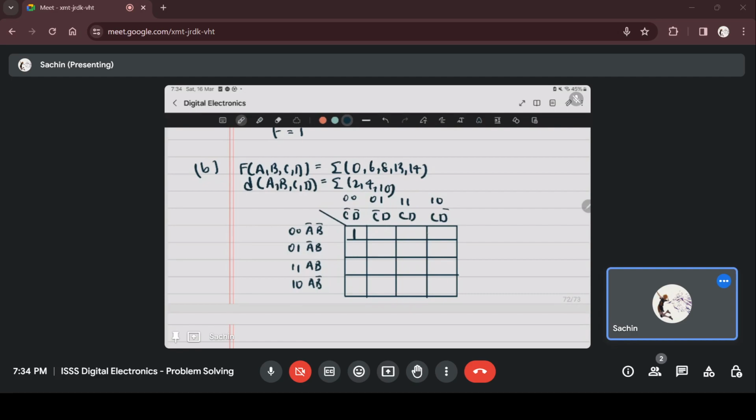The map cells are 0 1 3 2, 4 5 7 6, 8 9 11 10, 12 13 15 14, with don't cares at 1 3 2 4 5 7 6 8 9 11 10.